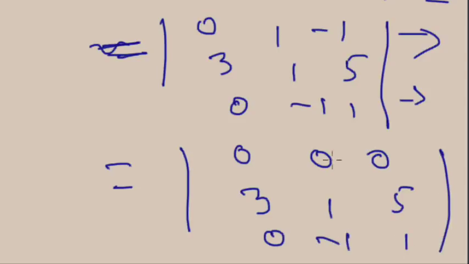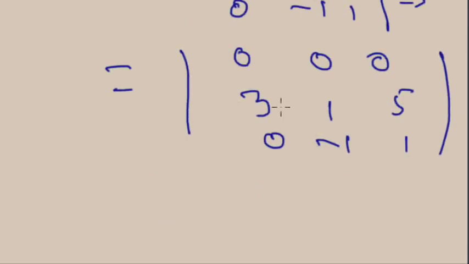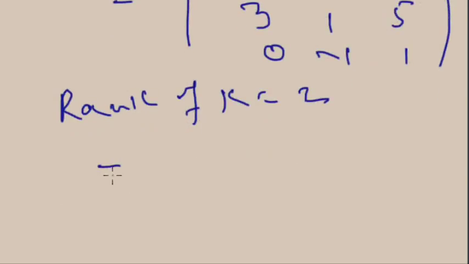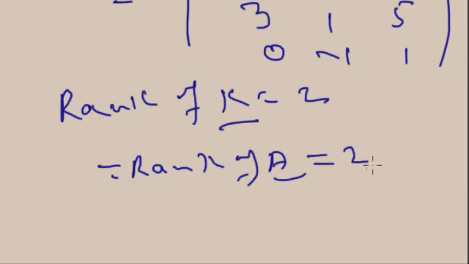So the first row becomes 0. Now the rank: if I take 3 into minus 1 minus 0, so minus 3. So definitely the rank of K is 2, which is equal to the rank of A. So rank of A and K are the same and equal to 2, which is less than 3, the number of variables.